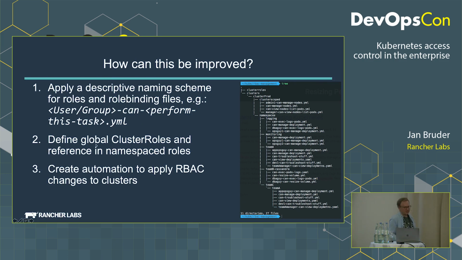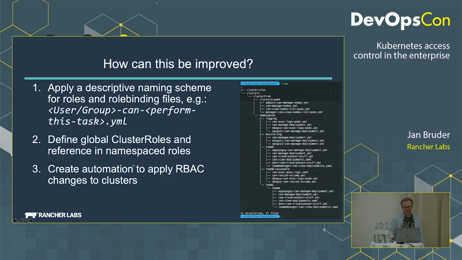Another best practice is to not use regular roles, but to use global cluster roles only. And then in every namespace that you configure, you reference the cluster role. That way, you just have to manage one set of roles in the cluster, and you don't have to manage roles for every namespace in the cluster.